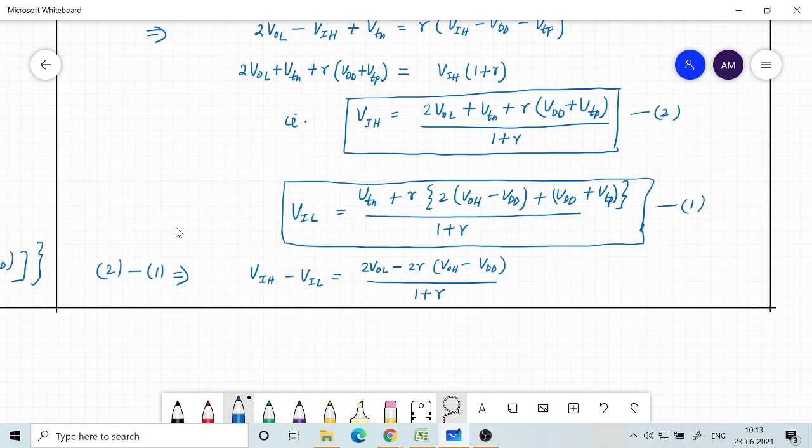This is something like a forbidden region, where if the signal goes in, then because of the noise, many uncertainties are there, and the signal can get corrupted. A high state in the presence of a small low noise can be considered as a low state, or a low state in the presence of a positive noise can be considered as a high state, because it's very sensitive. There's a lot of noise amplification. So this is the range which is to be avoided.